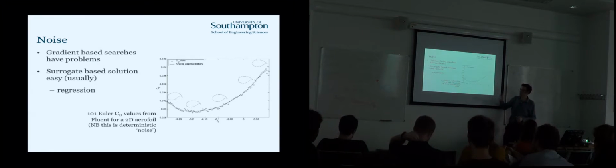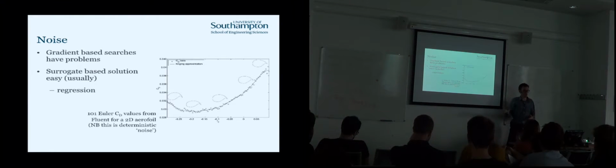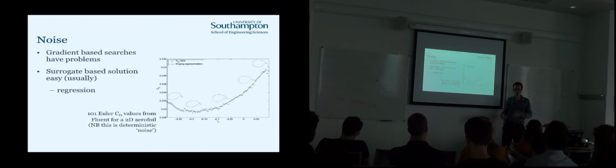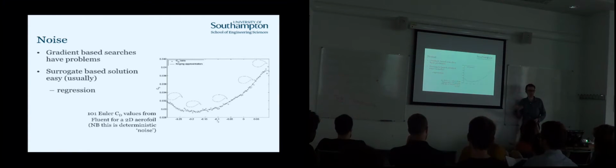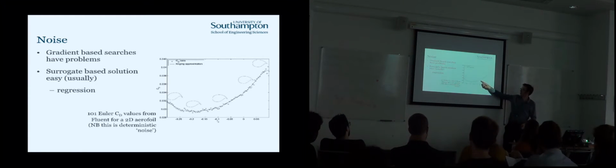So this is another advantage to using surrogate models, because if you're using something like a gradient descent method, it will take you a long time, because you'll need quite a few simulations to get to an optimum design, and also you can't calculate gradients here very easily.